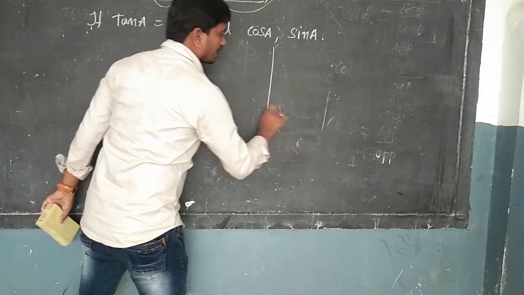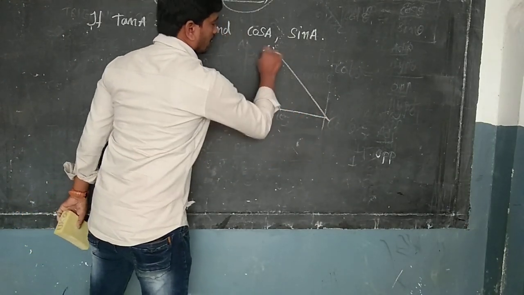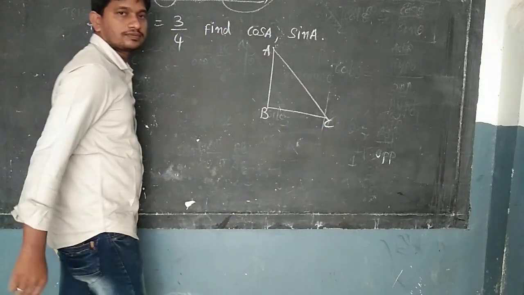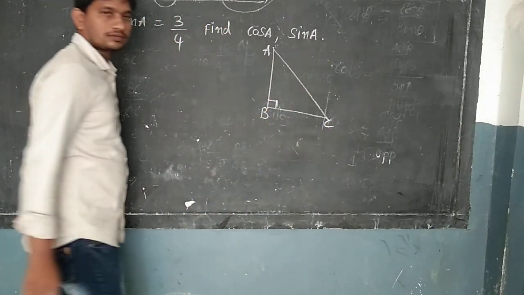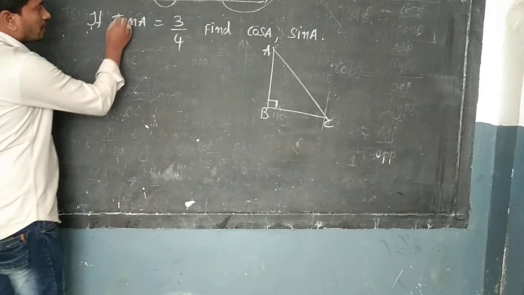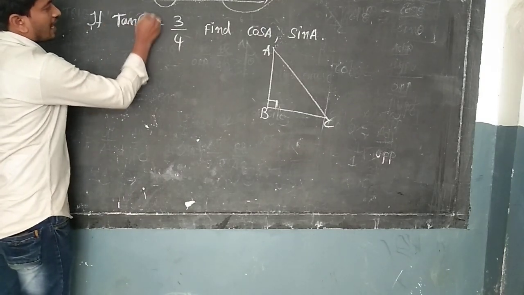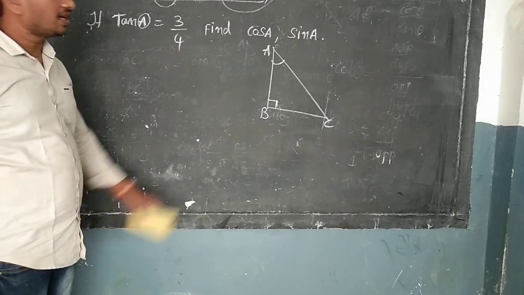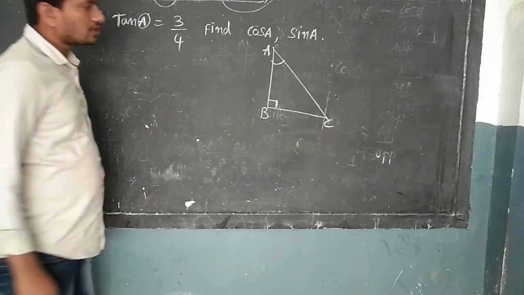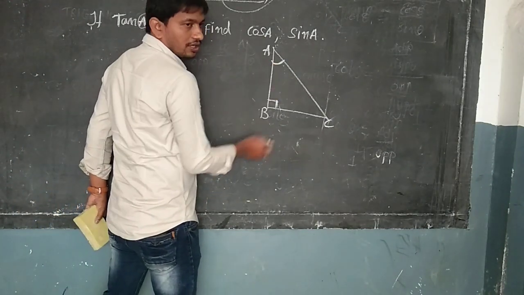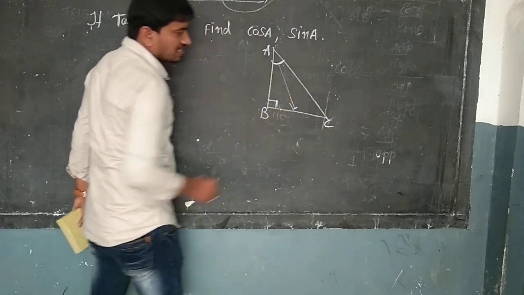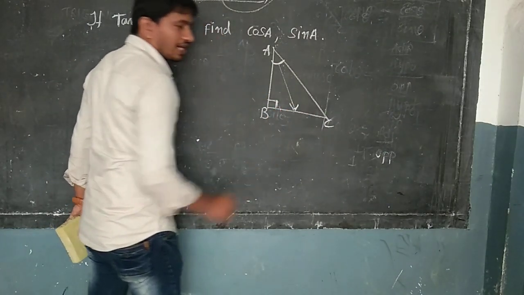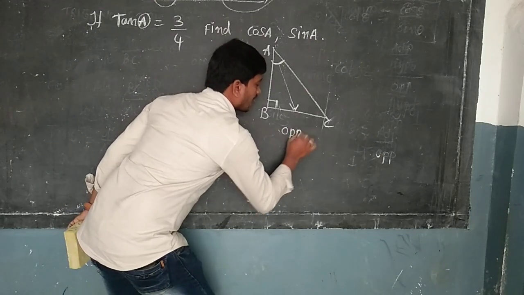Let us consider a right angle triangle ABC. Right angle is at B. The angle is what? Tan A. The angle is at A. So students, the angle is at A. Then BC is the side which is opposite to A. Then BC is the opposite side.